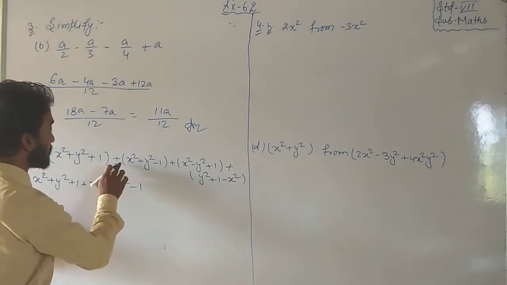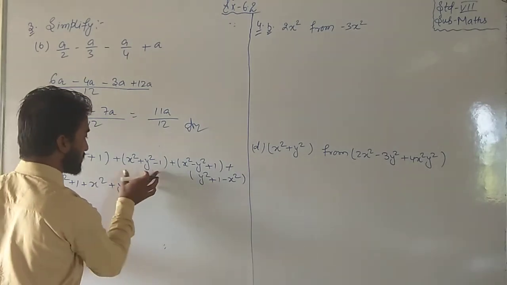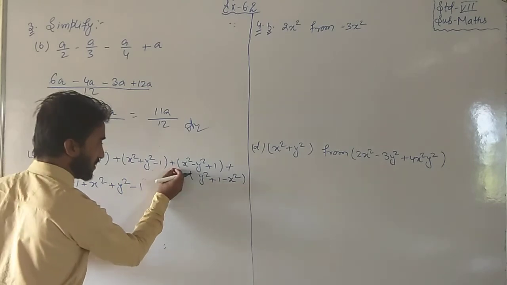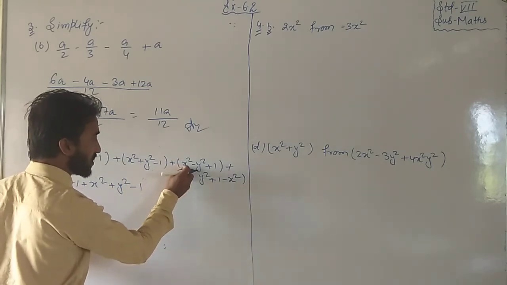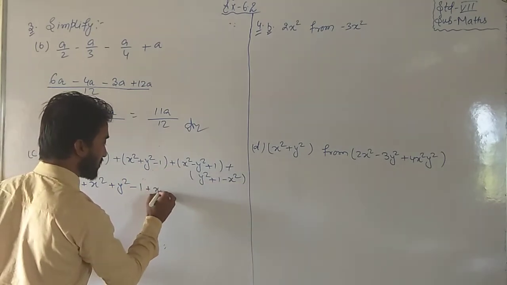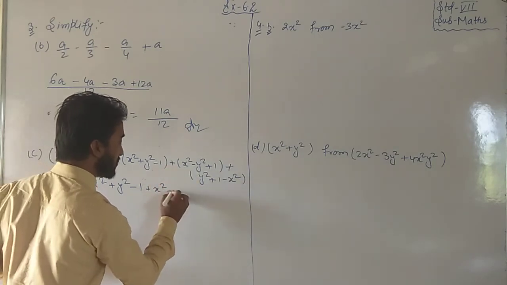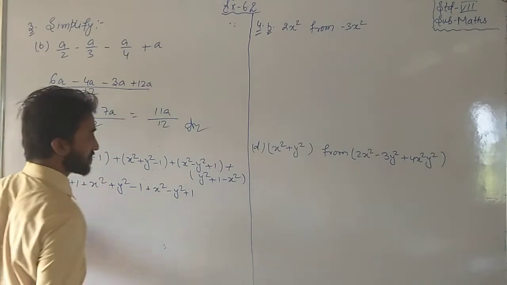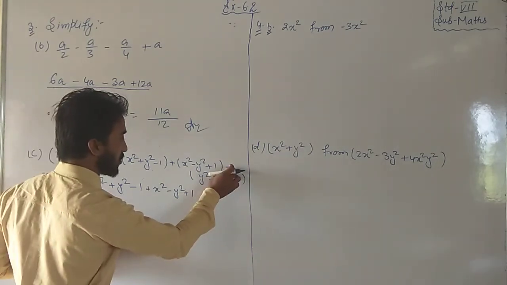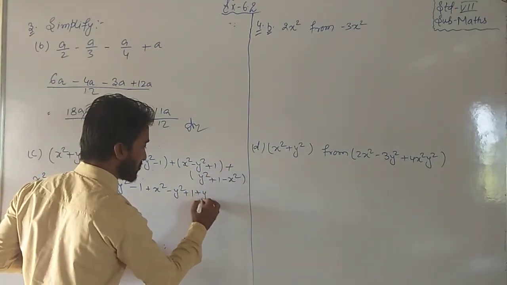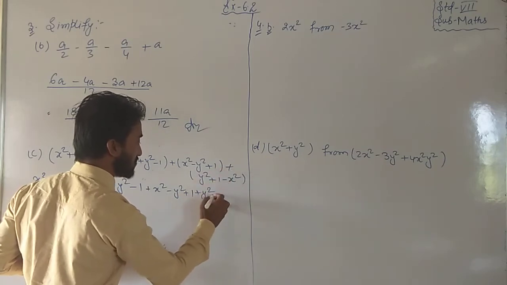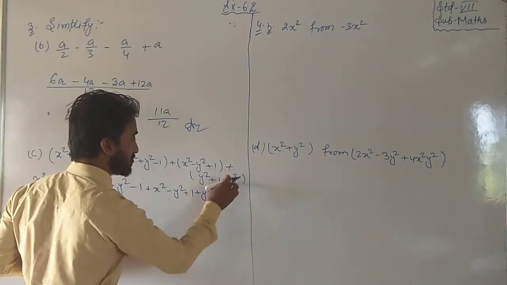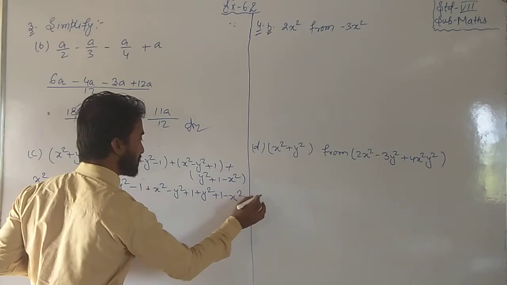Are you getting it, students? See, now this is completed. Come here. It is positive, once again positive into x square, positive into negative y square, positive into positive 1. Again, the same things are there. Positive into positive y square, positive into positive 1, positive into negative x square.